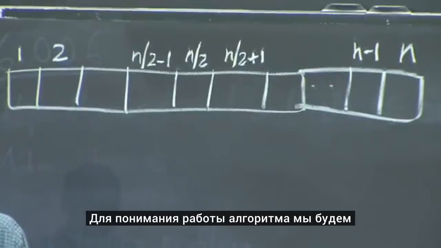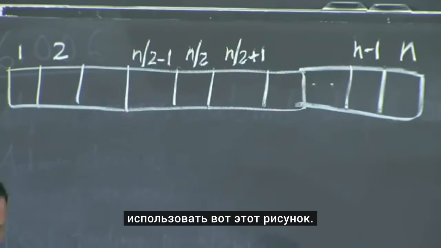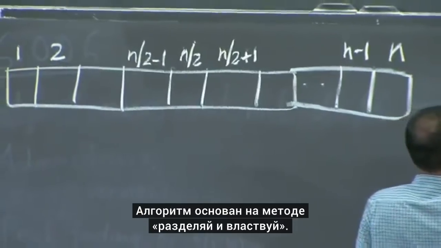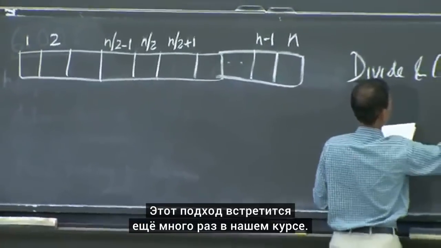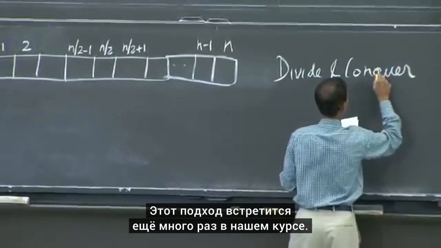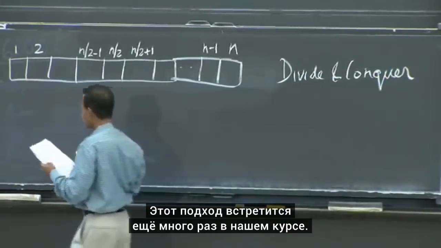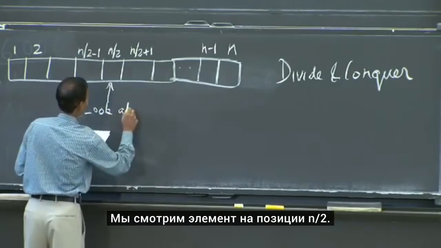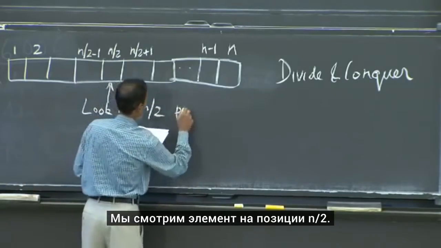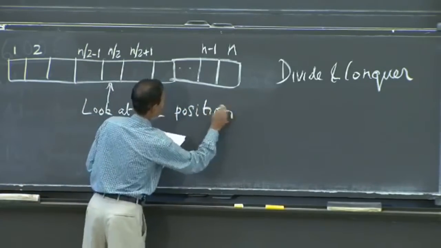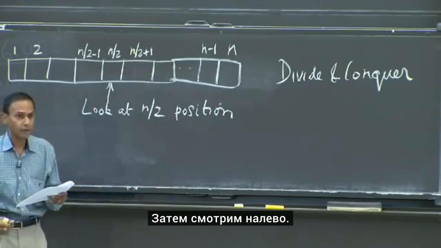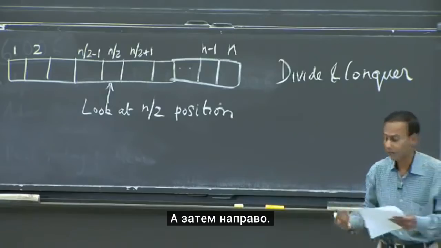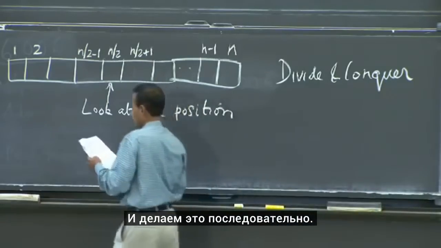The picture you want to keep in your head is this picture that I've put up there. And this is a divide and conquer algorithm. You're going to see this paradigm over and over in 6006. We're going to look at the n/2 position. And we're going to look to the left, and we're going to look to the right. And we're going to do that in sequence.